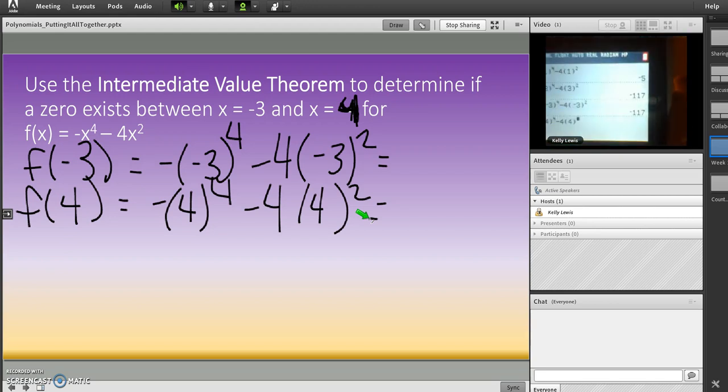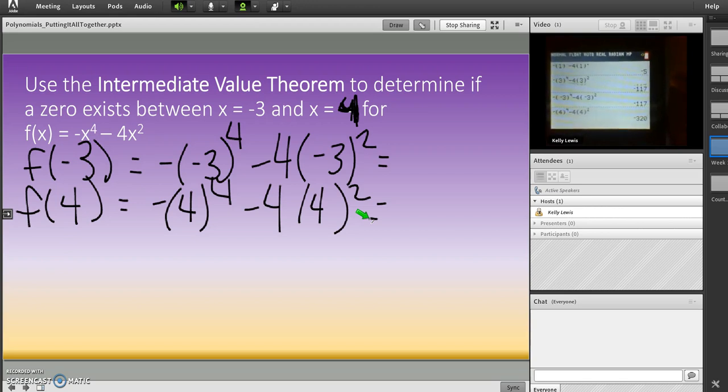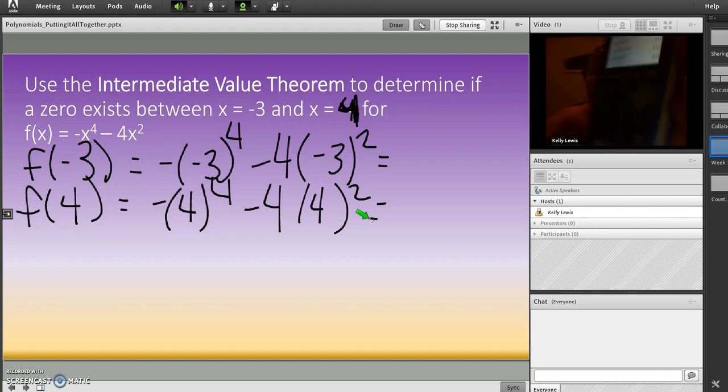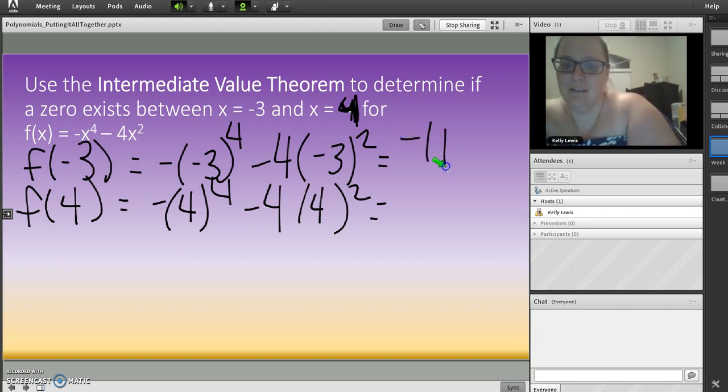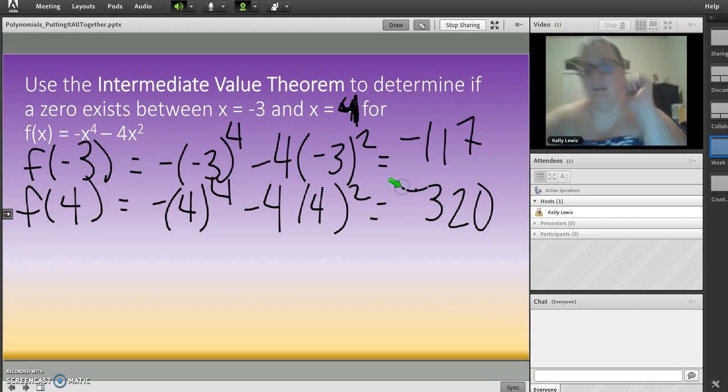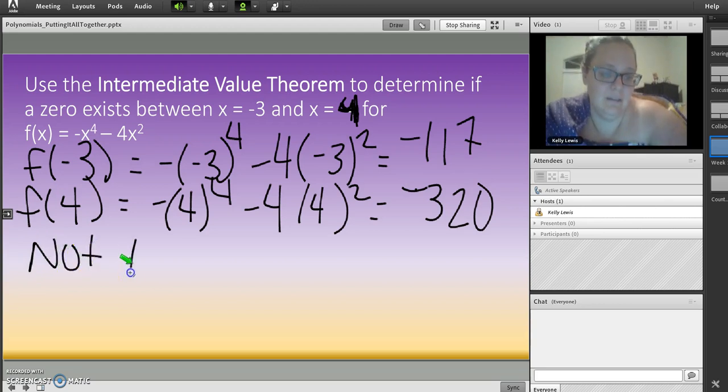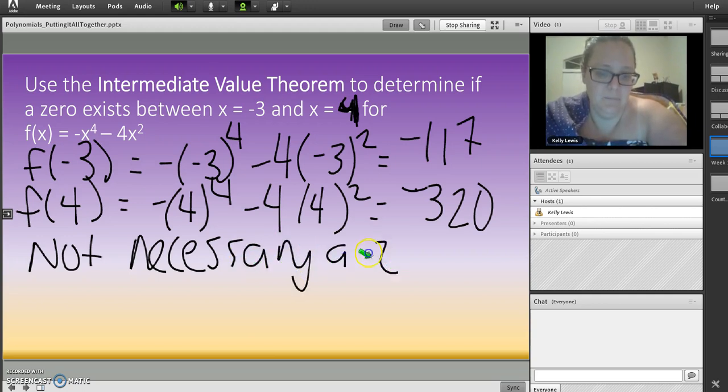All right, so when I plugged in negative 3, I got negative 117. When I plugged in positive 4, I got negative 320. All right, so there's not necessarily a 0.